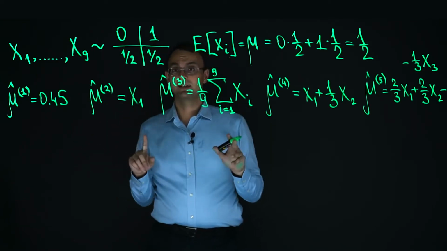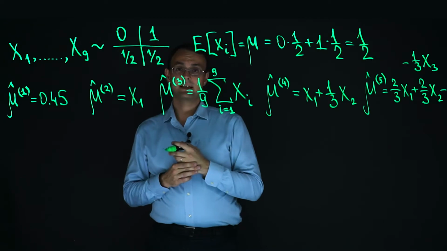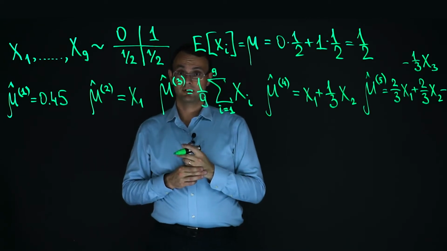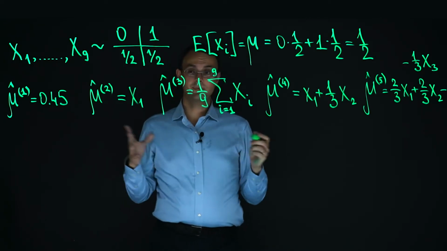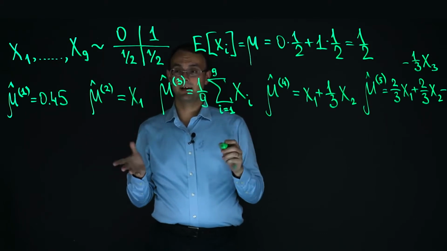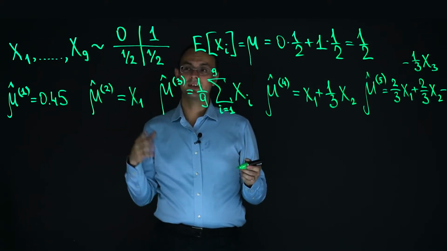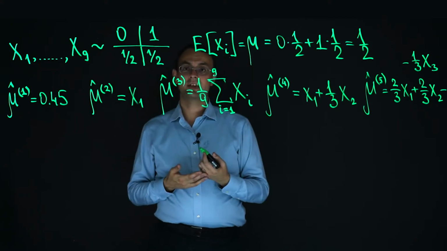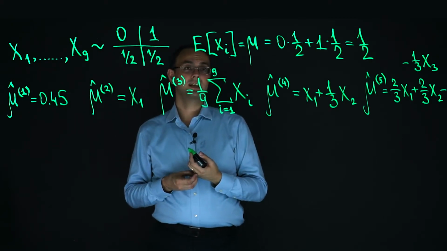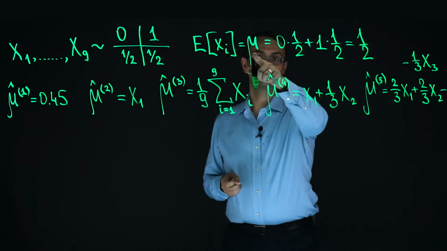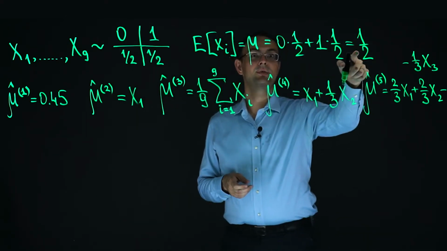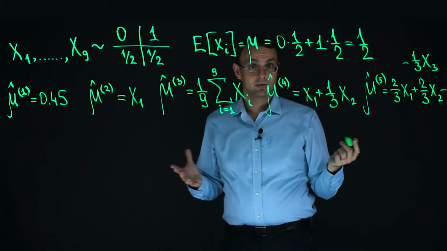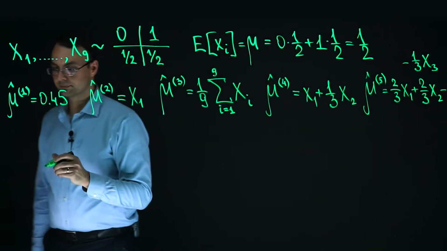Are they unbiased? And which one is the most efficient? To find if they are unbiased or not, we are to find the expected value of each of these estimators and to check if it is equal to the real value of mu, that is 1/2, or not. So let's do this.